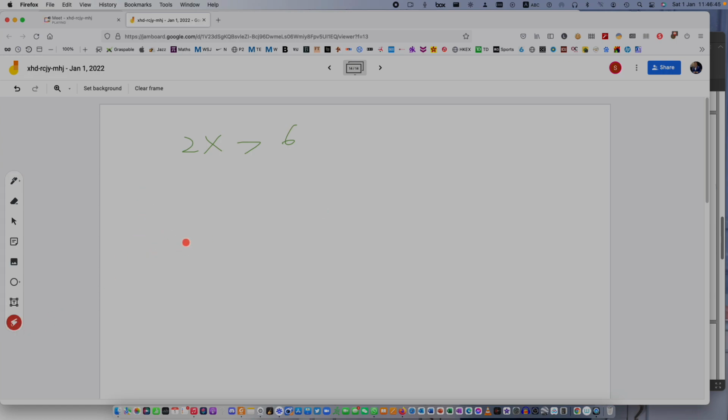What is the denominator? There was no denominator in this case. This question is just 2x bigger than 6. How do you continue from here? You just write x bigger than what?